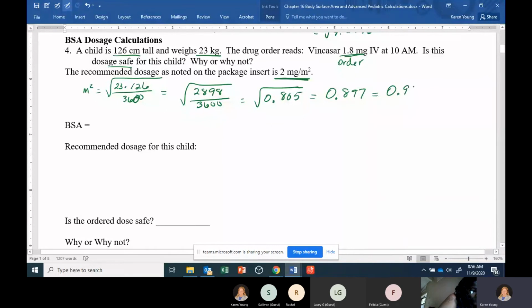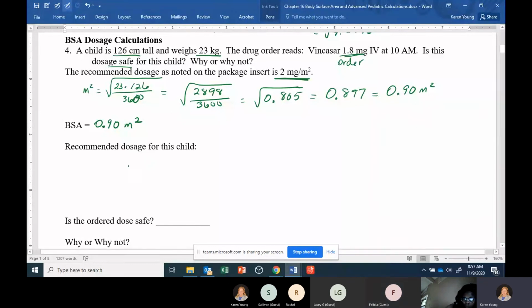So it's 0.90 meters squared. Now, you can use 0.90 or you can use 0.9, either way. It's the same amount. Okay, so that was it. That's it for the BSA.